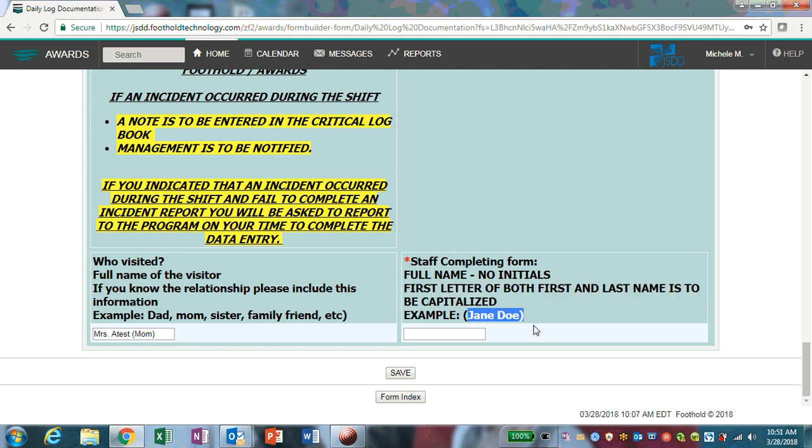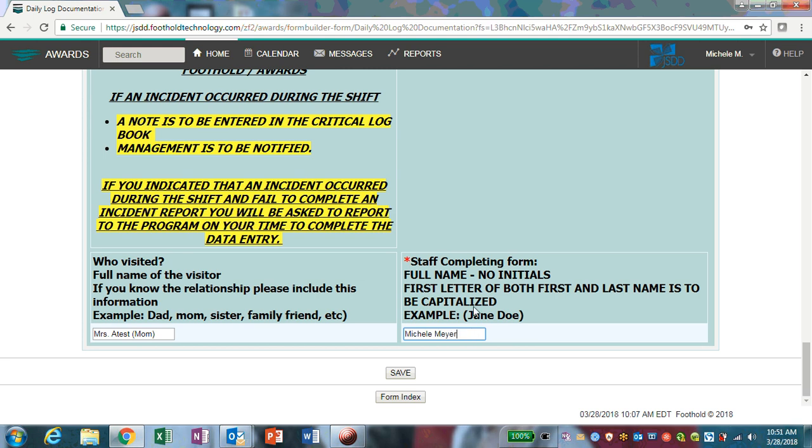Look at the example. If I were to fill it out like this, I would be doing this in error. If I just did this and just put my first name and nothing else, this would be an error. If I did this, just my last name, this would be an error.